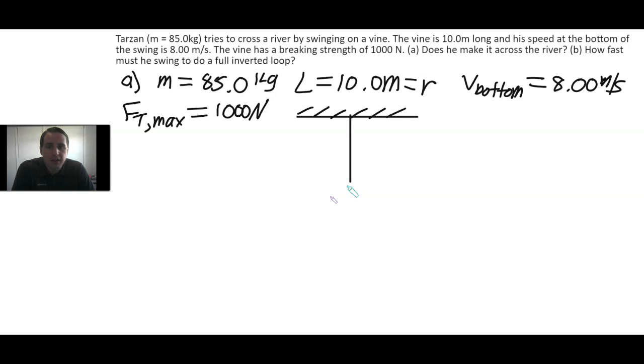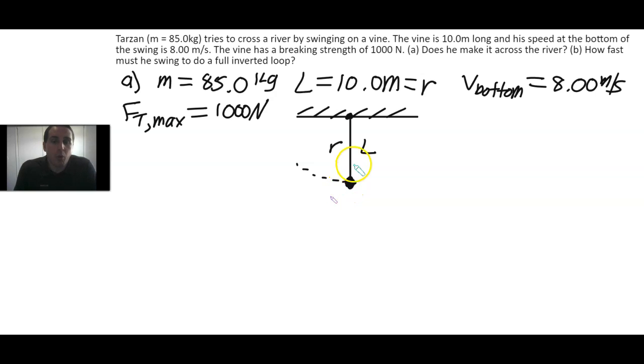And we can just model Tarzan as a particle. So Tarzan's going to have some path like so. And we know that this is the length, but this should also be the radius from some axis of rotation. And then here is Tarzan himself. So you can imagine that this is effectively going to act as a radius when we have the length of the vine.